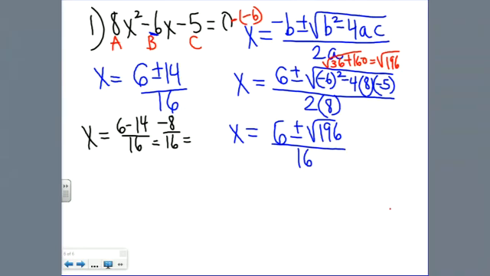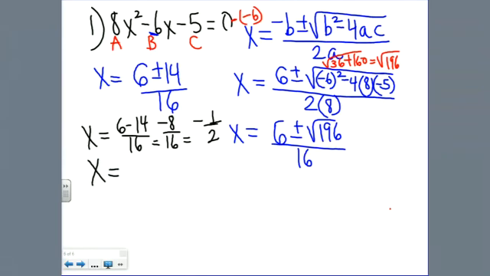Divide both numbers by 8 to reduce the fraction to lowest terms. So one of our answers is negative 1/2.